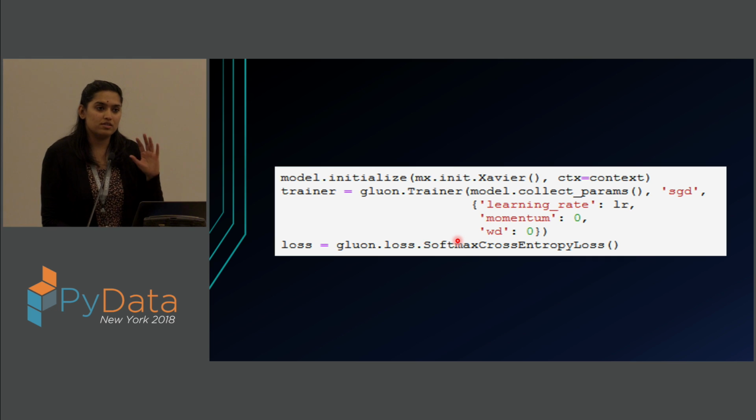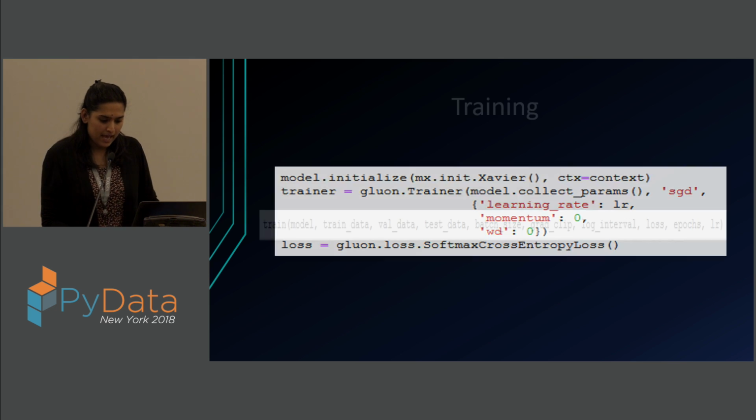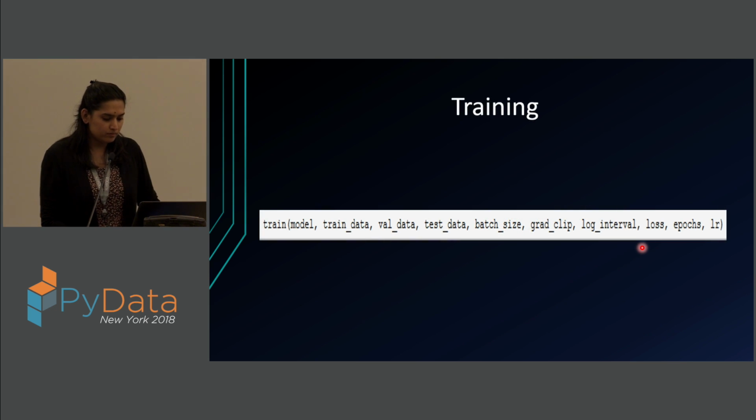This is how you set the parameters for the trainer. This is where we utilize the value of the learning rate that we set earlier, and we specify our loss function, which is the standard softmax cross entropy. And this is what it takes to train the existing model.